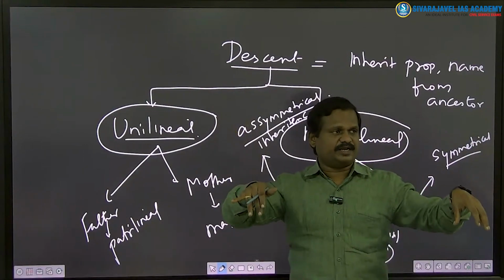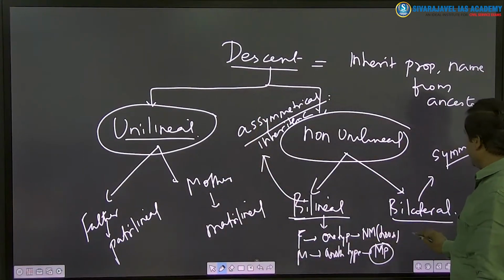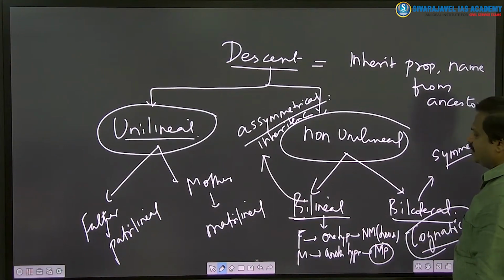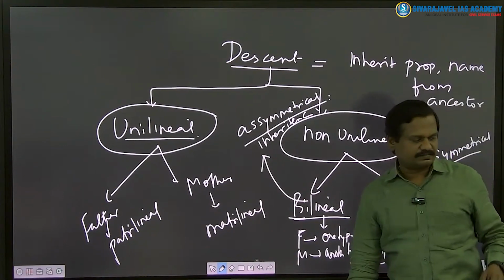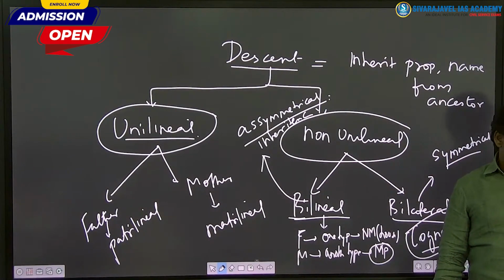From both sides you inherit the property equally. Then this is what is called the bilateral or cognatic descent system.